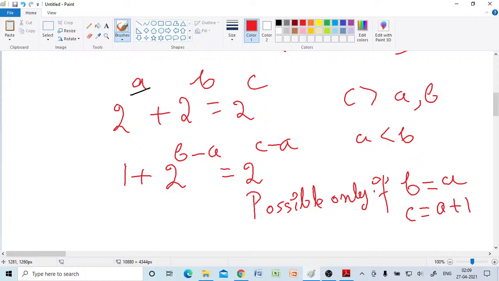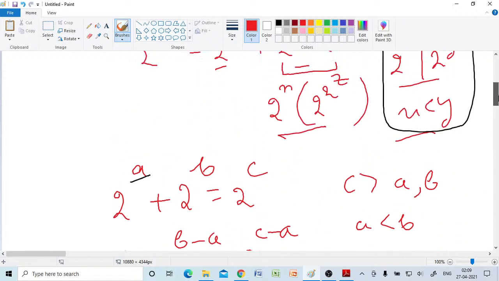Because if you add 1 with an even number, you can't get an even number. The only possibility is that this is an odd number and this is an even number. So it holds only if b equals a and c equals a plus 1.